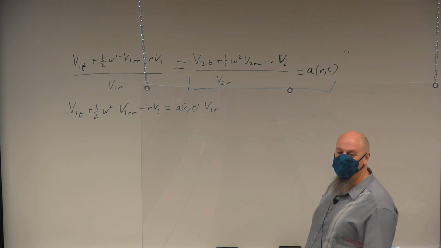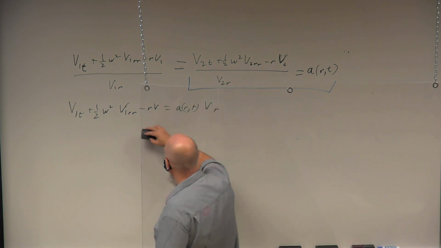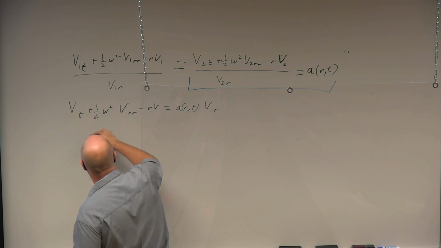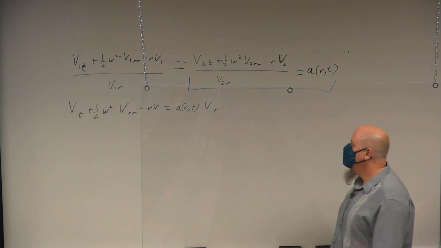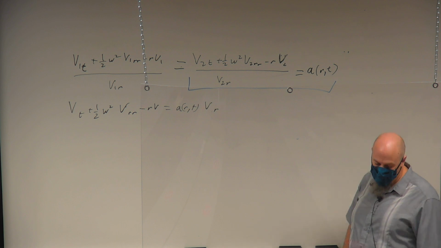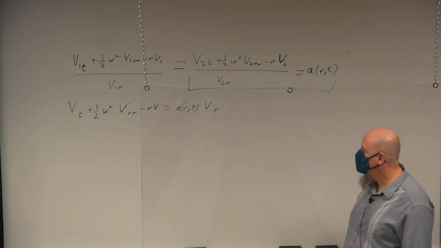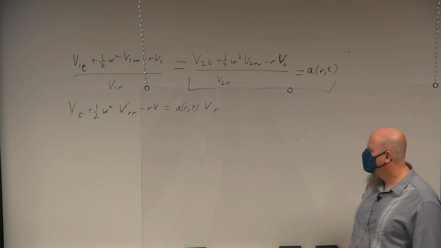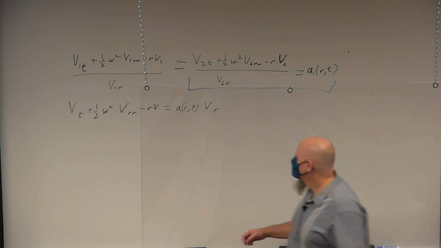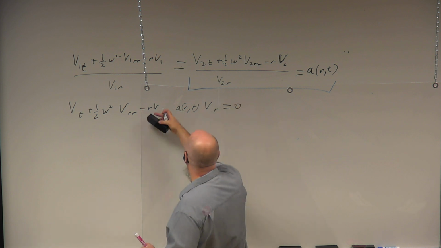Since it works for every bond, I don't need to label this anymore. That's just true of a bond. I'm going to make it equal to 0 by moving this over as a negative.